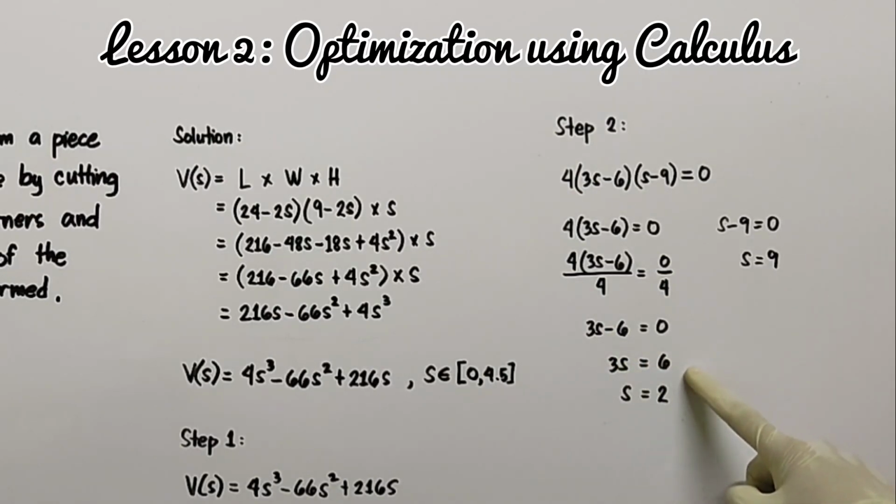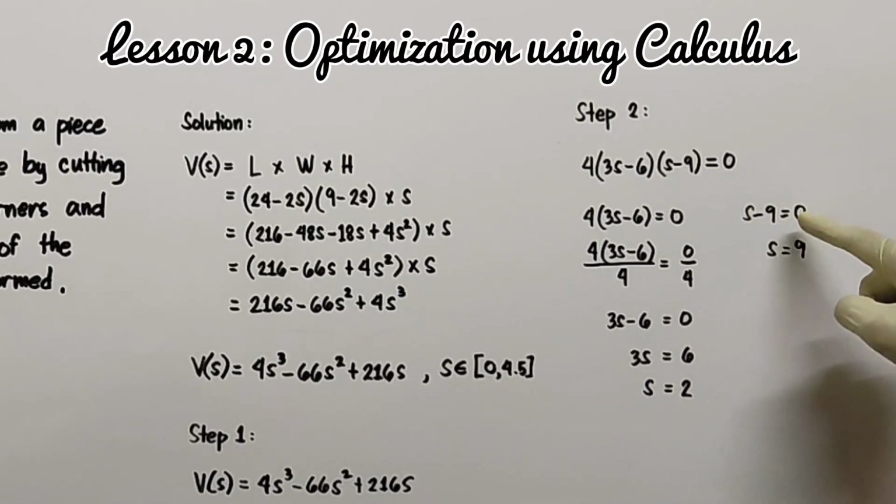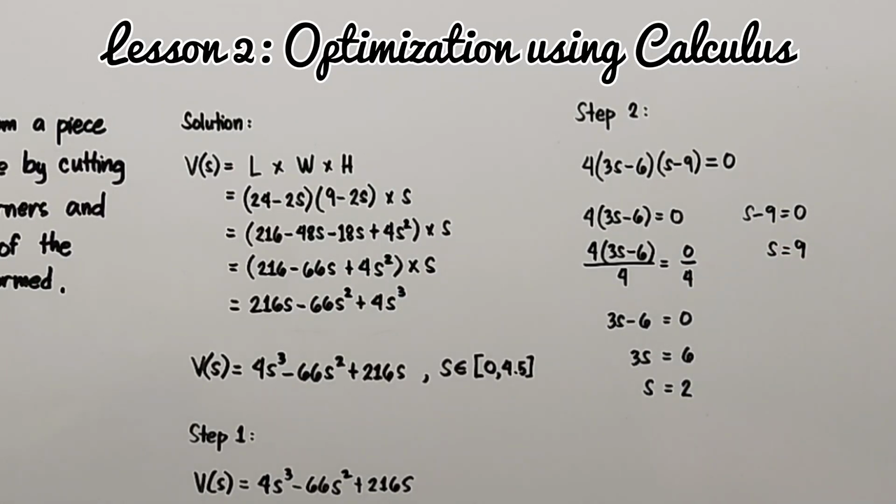Dividing both sides by 3, s is positive 2. And for the second factor, s minus 9 equals 0. The additive inverse of negative 9 is positive 9. So in this case, we have two values of s, which are positive 2 and positive 9.